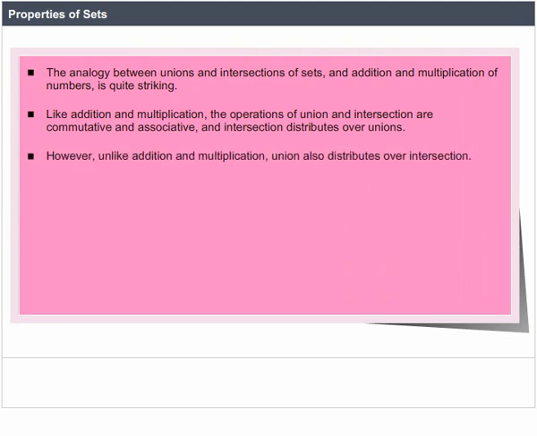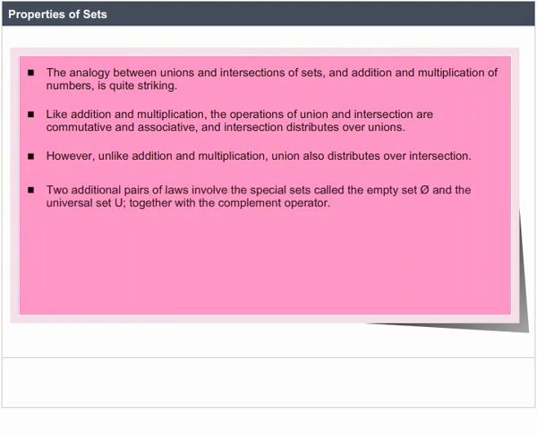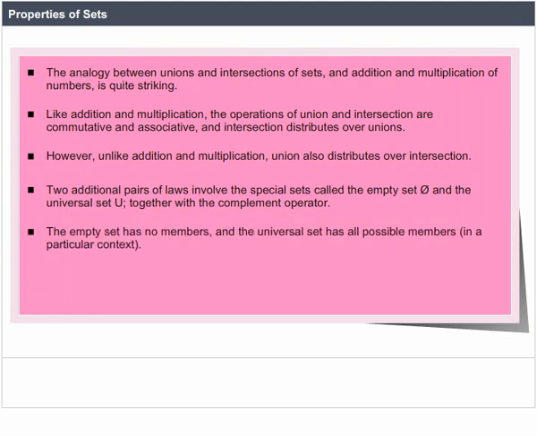However, unlike addition and multiplication, union also distributes over intersection. Two additional pairs of laws involve the special sets called the empty set and the universal set U, together with the complement operator.